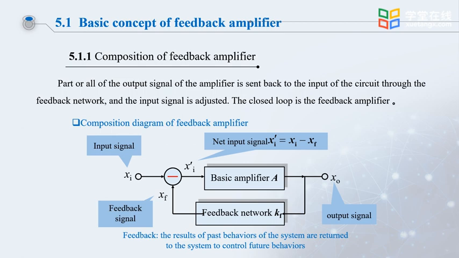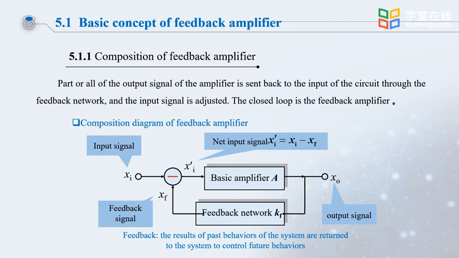This is a block diagram of the feedback amplifier. The basic amplifier we learned in the previous Chapter 4 is represented by A. We take the output of the basic amplifier, Xo, as the input to the feedback network KF. The output XF of the feedback network is fed back to the input of the basic amplifier.